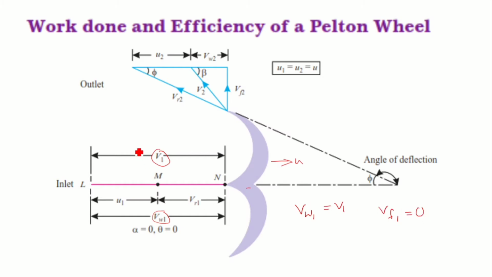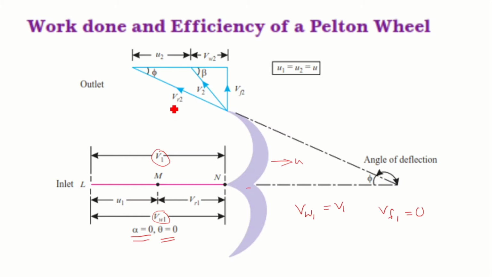So this is the inlet velocity triangle of the Pelton turbine or impulse turbine. Alpha is 0 and theta value is 0 here. The exit velocity triangle is similar to all other types of velocity triangle that we had discussed earlier.